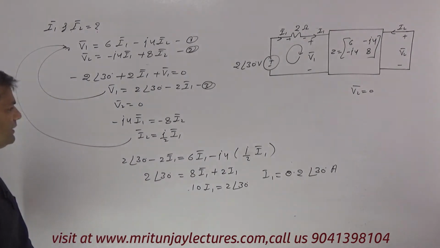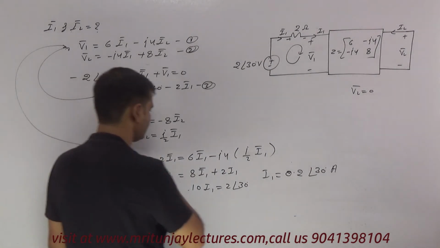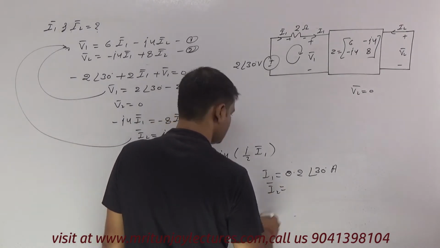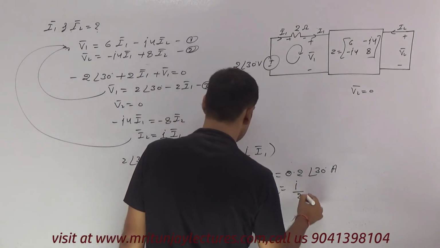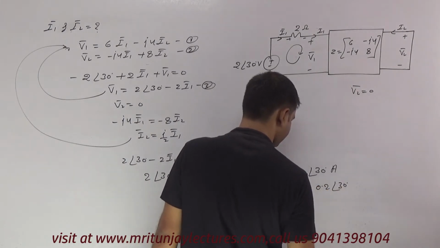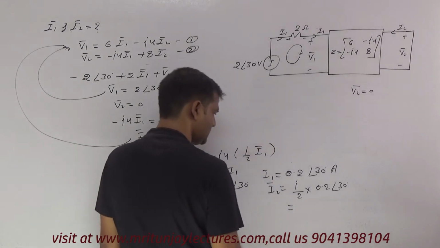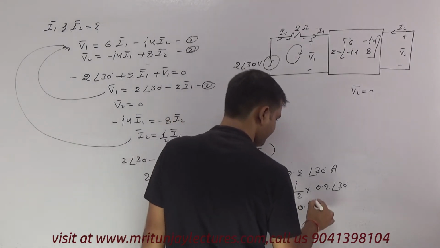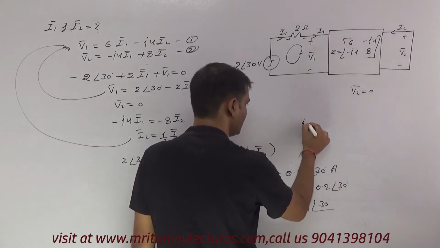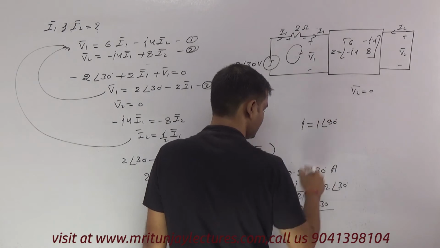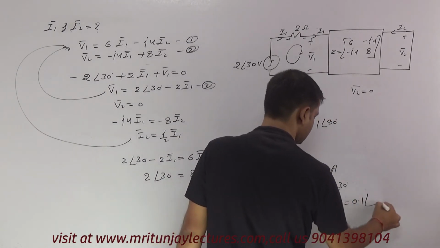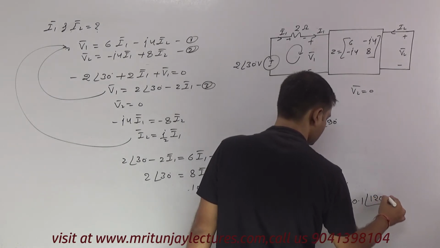Clear or not? If this value is put in I2, then we get J by 2 into I1, meaning 0.2 at the angle 30 degrees. So that is 0.1 at the angle 30, and J means 1 at the angle 90 degrees. So we get 0.1 at the angle 120 ampere.